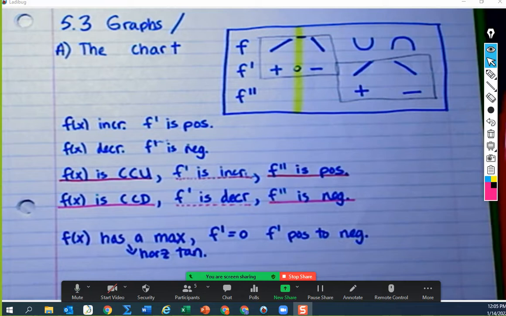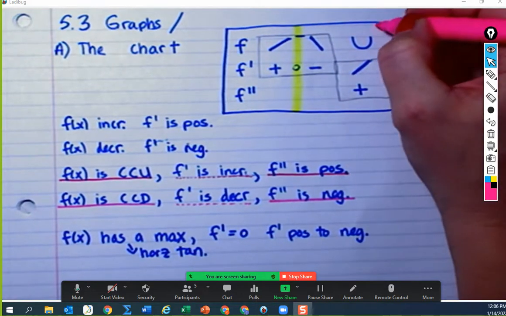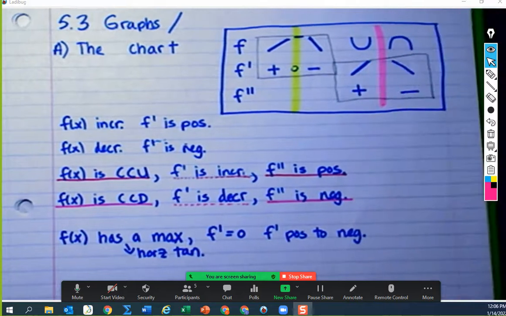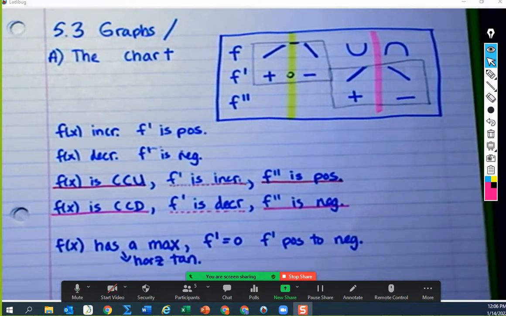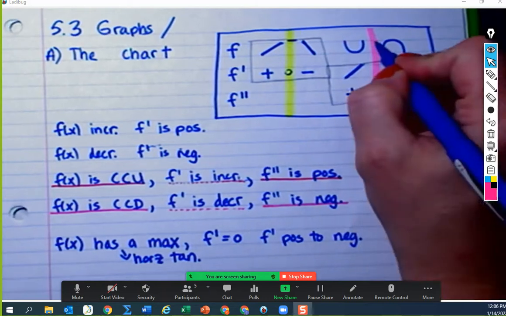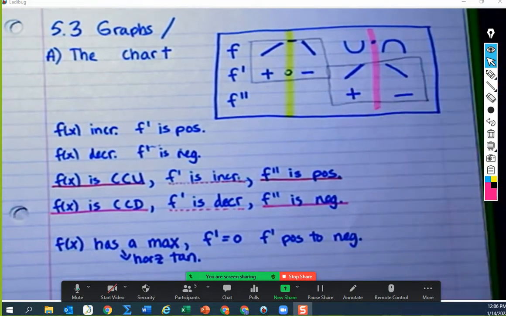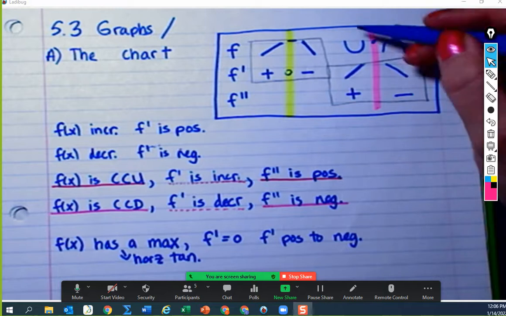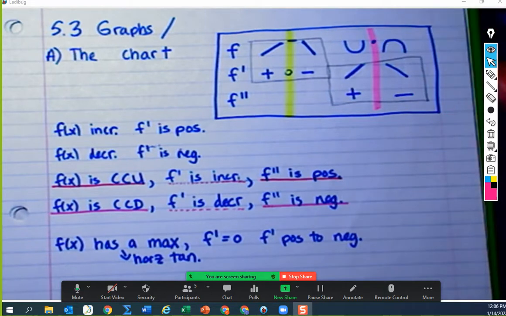It's a lot of brain power today because analyzing and using the chart, it's a lot of if, then this is happening. Okay, so now I'm going to look at this in between spot. Okay, I'm going to look at a possible point of inflection, right? A point of inflection is between the concavity.